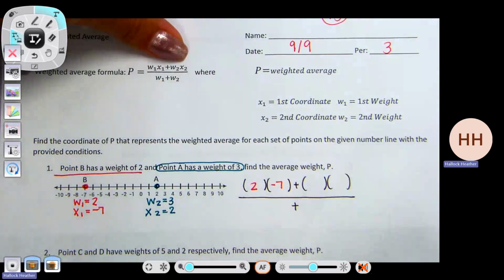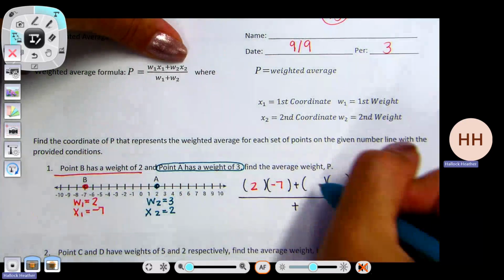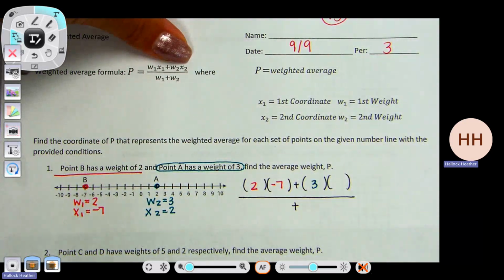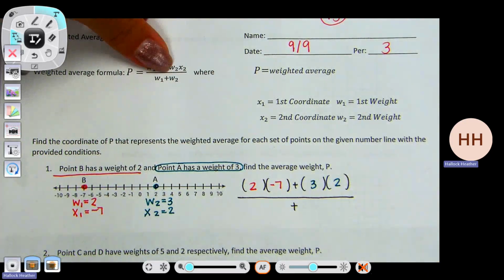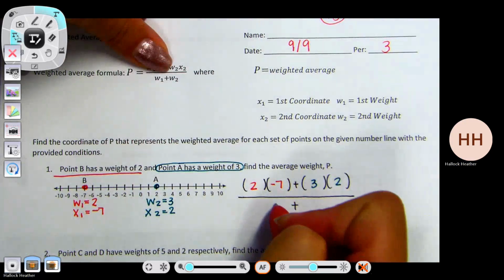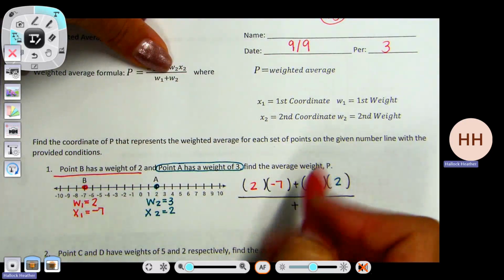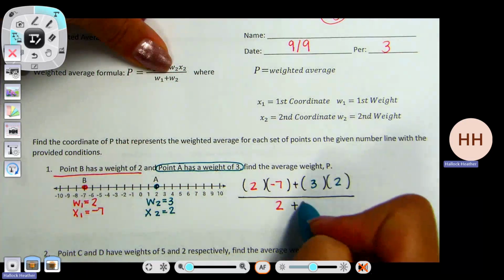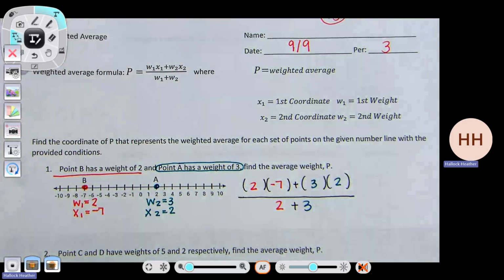And then over here, we have the second weight. How much is the second weight? 3. And I'm multiplying by the second location. Where's the second location? 2. And then I just add the weights together. So weight 1 is -7. What? Weight 1 is not -7. Weight 1 is 2. And weight 2 is 3. So the weight can never be negative. That would not make sense.